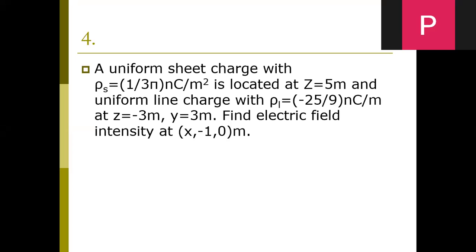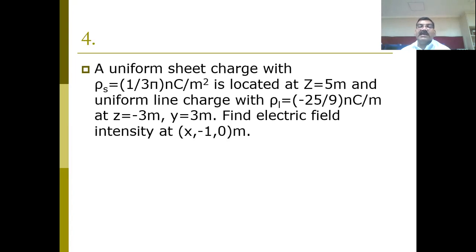And now find the electric field intensity at X equals -10. In a general problem you are asked to find the field at a particular point, maybe 0, -10 or 1, -10, whatever the x value is given, but here it is not given. So while calculating the vector, you have to keep x as it is. If I put in any value of x, it should work. This is the idea here.